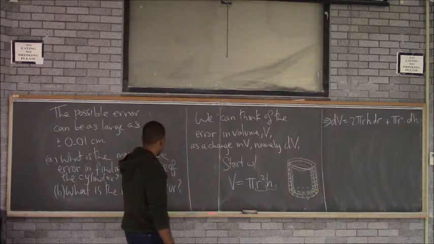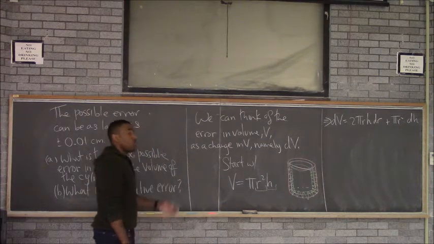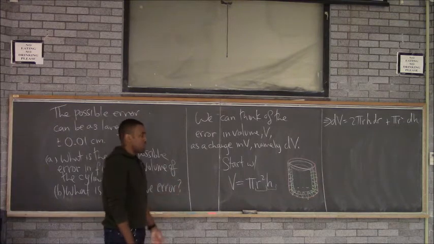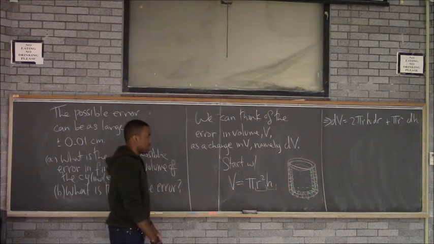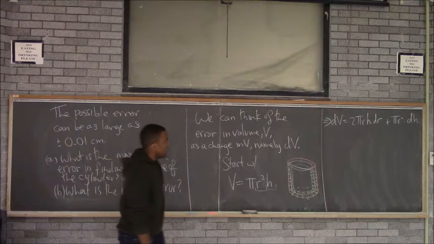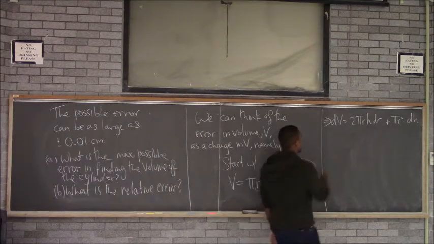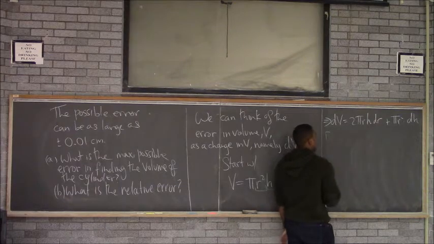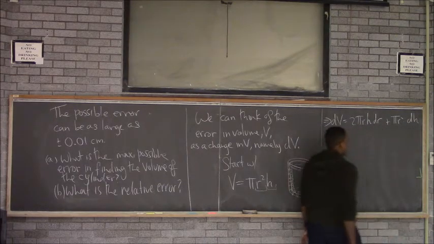Now, it might look a little bit weird, and when you get to Calc 3, that's not going to be weird at all. You're going to learn something called the multivariable chain rule, and that's going to be just automatic. But in the Calc 1 sense, why would that be the way things look? You can probably think of it in this way.